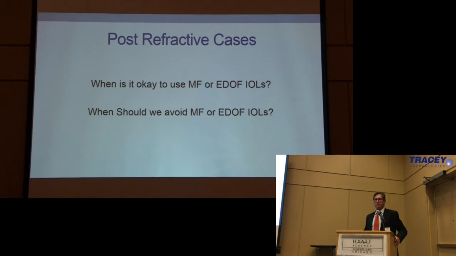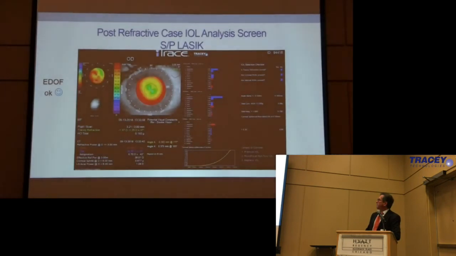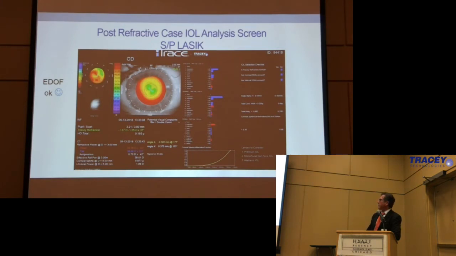But we had a lot of problems with that because we weren't analyzing the whole cornea and understanding corneal aberrations. So here's a post-LASIK patient that we had, and a couple things are important to analyze for post-refractive patients. Number one, we want to pay really close attention to their corneal higher-order aberrations. This is on the IOL analysis screen.